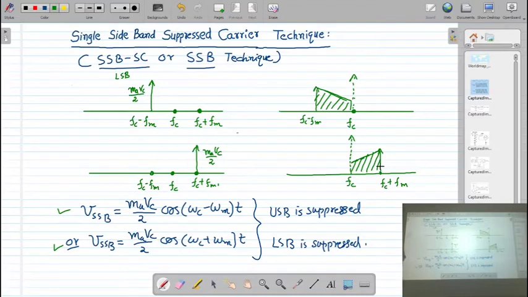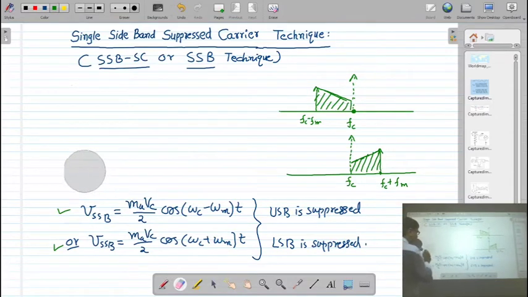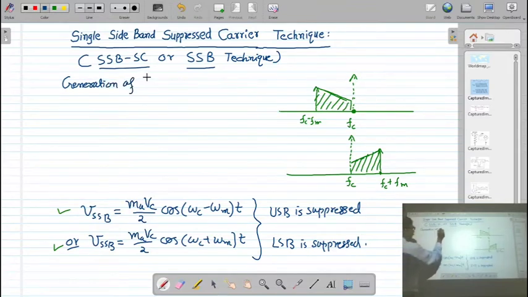Now let us see how we can produce the SSB wave. Generation of SSB.